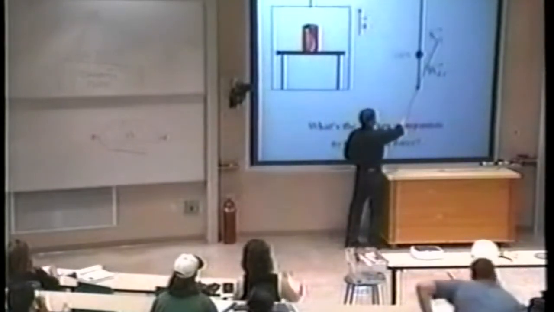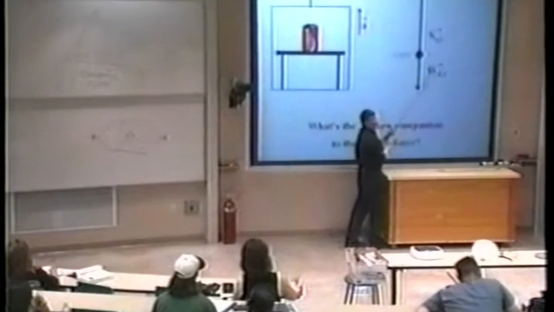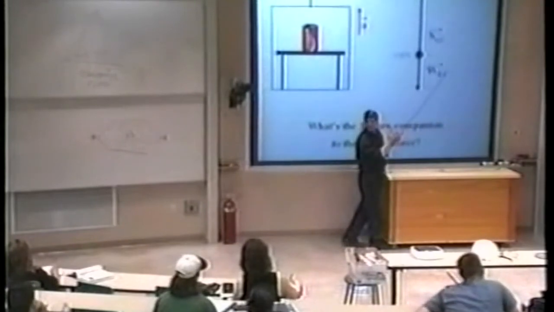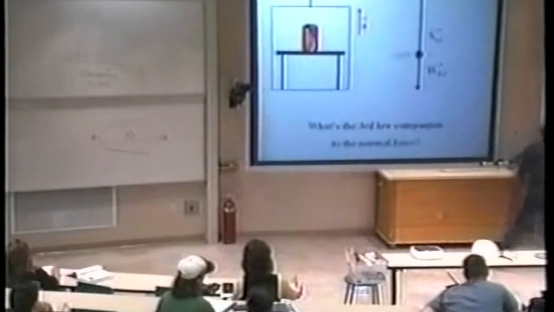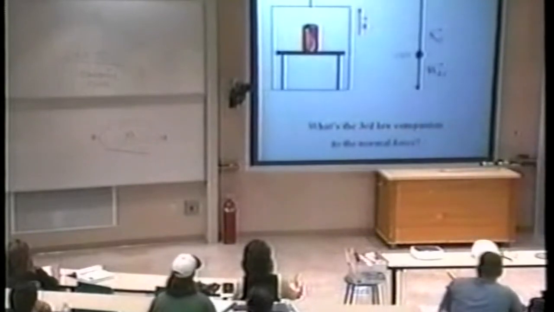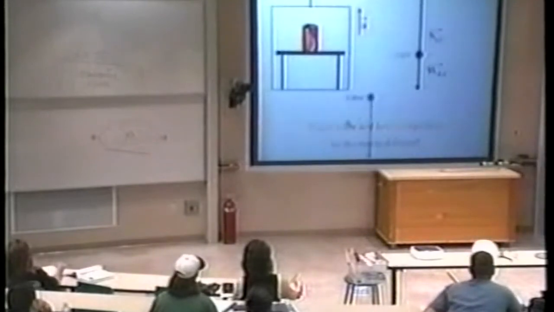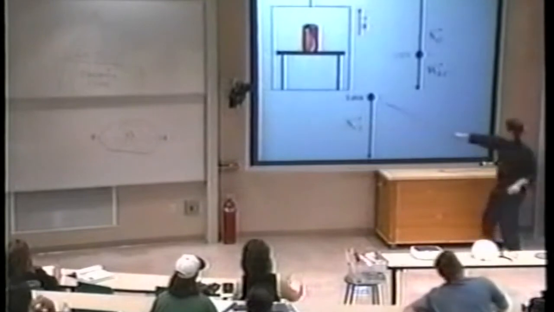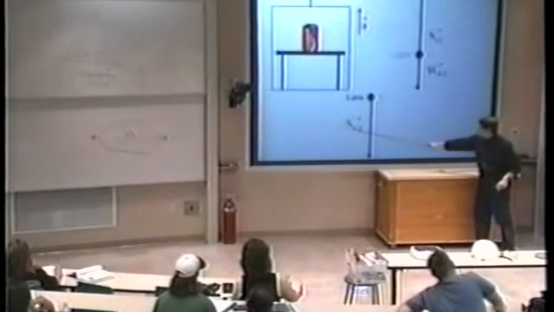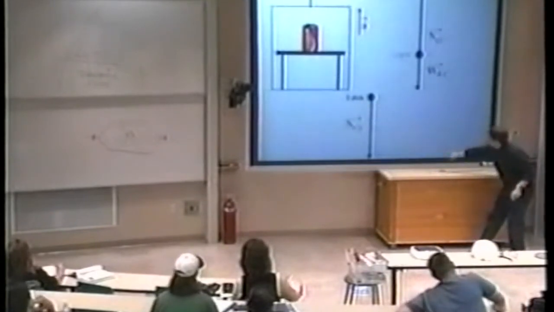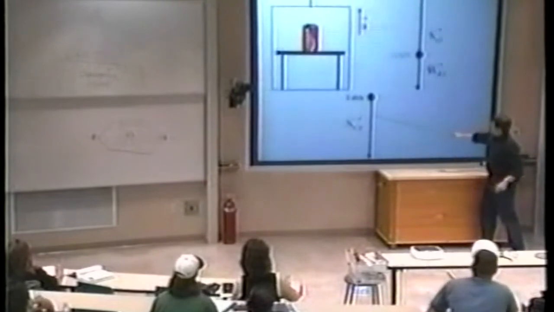I take the indices, table on the can, and I switch it. Can on the table. And I have to find that force where? On a free body diagram of what? Of the table. I have to draw another free body diagram for the table, put the normal force there. It's the same length as this force, but opposite direction.